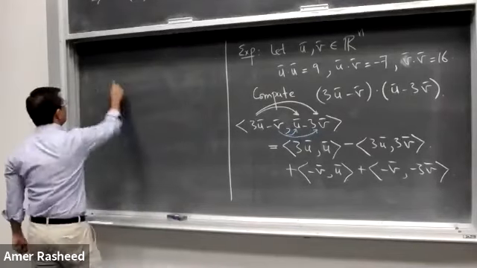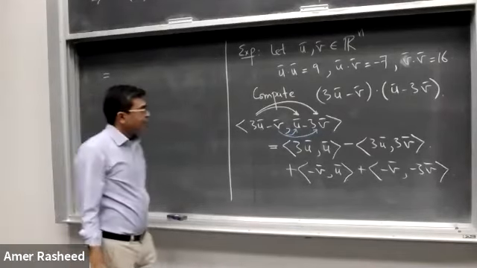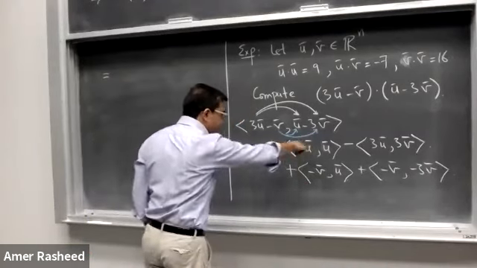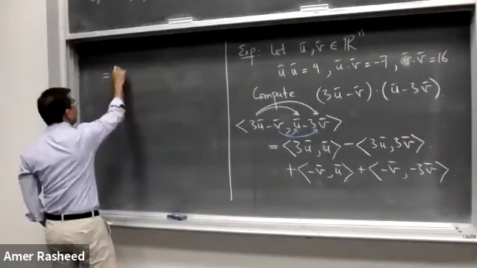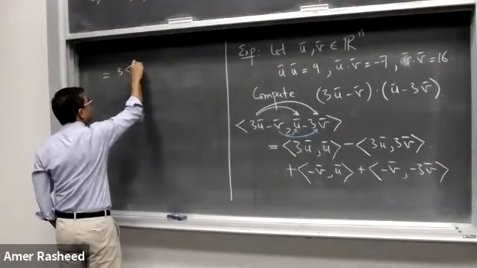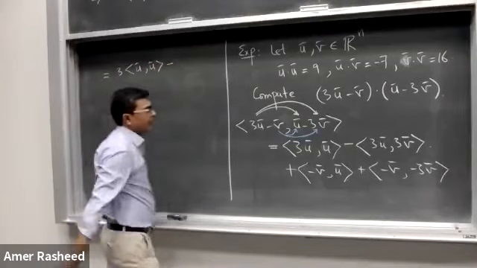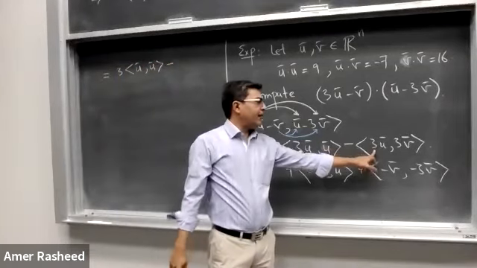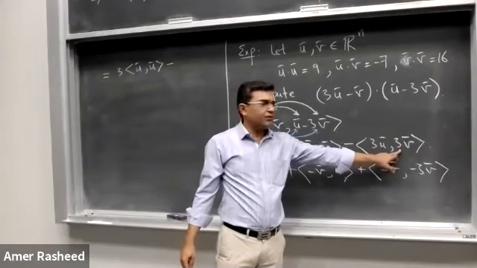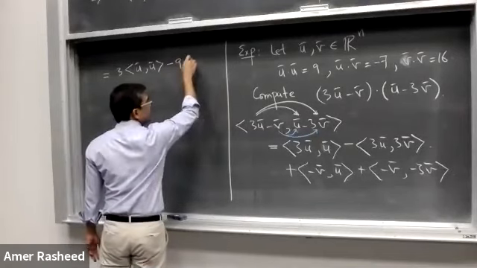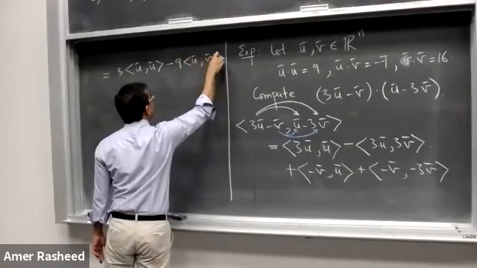Now we are going to use the constant multiple property of the inner product. We can take constants out of this inner product. So we can write 3 times u inner product u, and then negative 3 out from here and 3 out from here as well. So it becomes 3 times 3, which is 9 times the inner product of u and v.